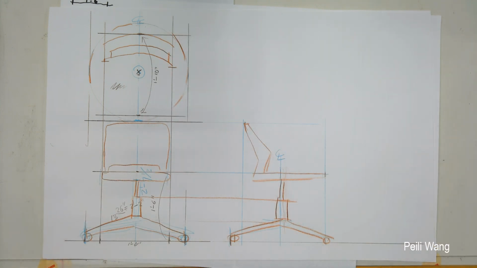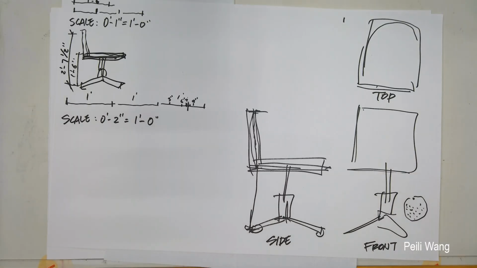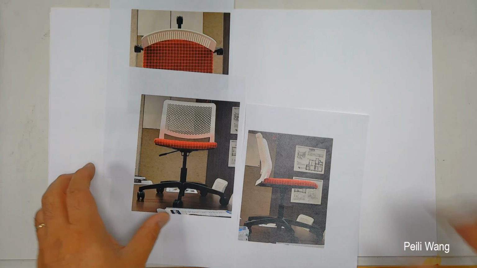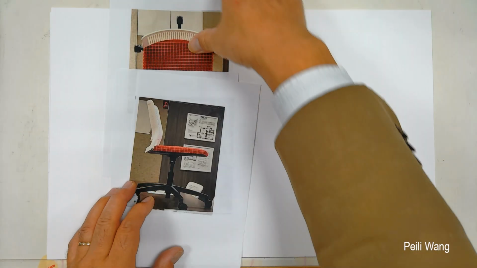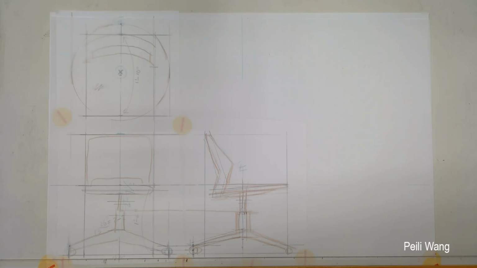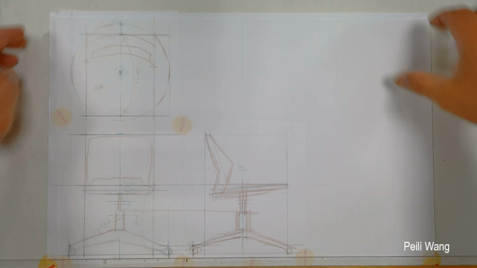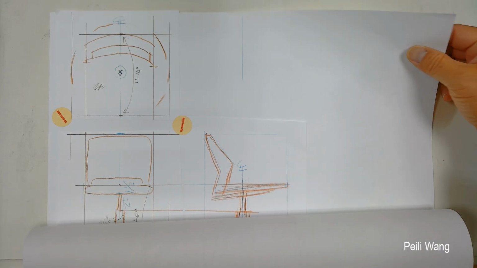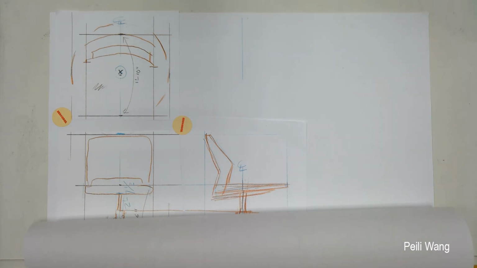The final, you can see, I transfer to the paper. Now I have this initial layout. This is another 11 by 17 paper.